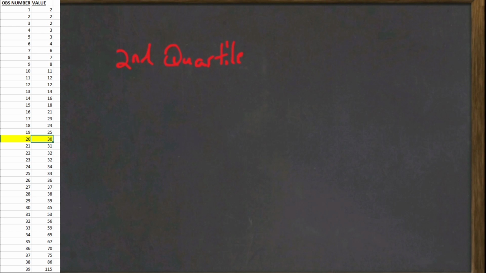So we already have the second quartile, but we do need the first quartile. The second quartile was 30. What's the first? Well, let's use the method we've been working on: n plus 1 times 25 over 100, where n is 39.